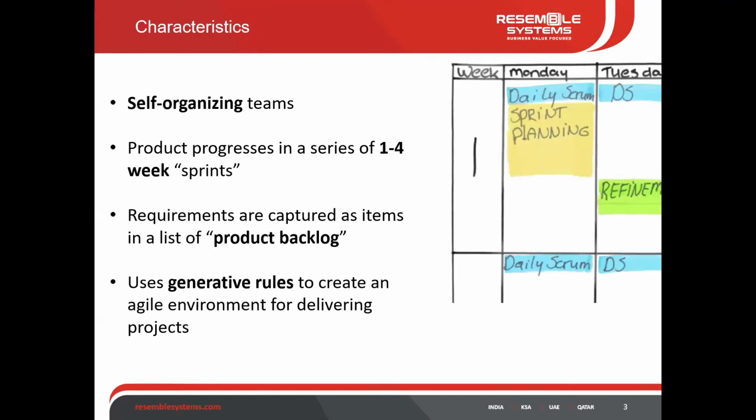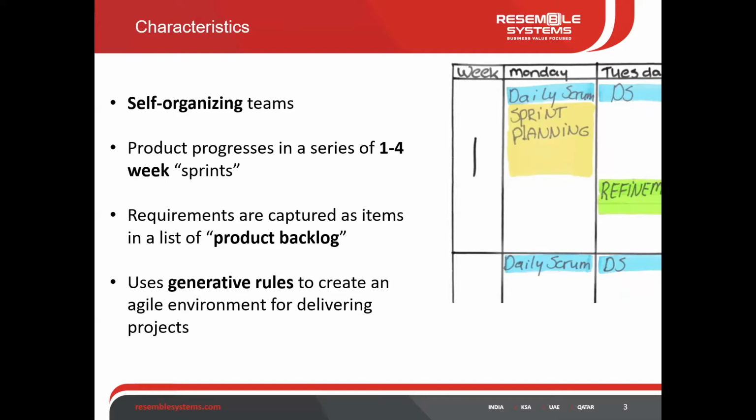Now I'm going to explain the characteristics of an Agile Scrum team. We are going to have self-organizing teams. A Scrum team is a set of 5 to 8 people, or 5 to 6 people, with a self-organizing nature. There is not much of a communication barrier, and people have daily meetings.